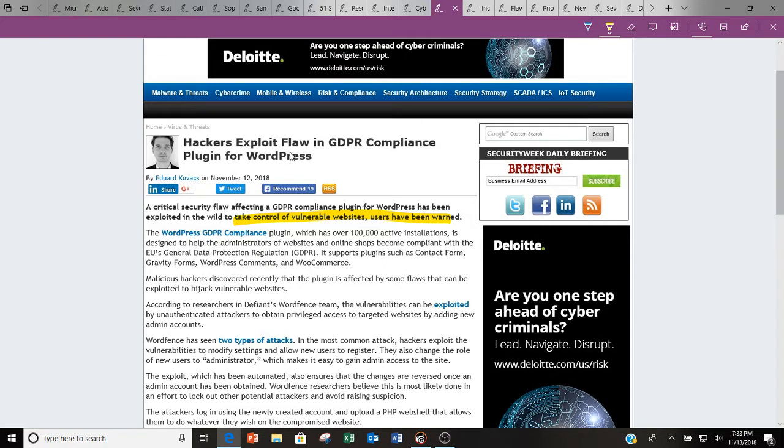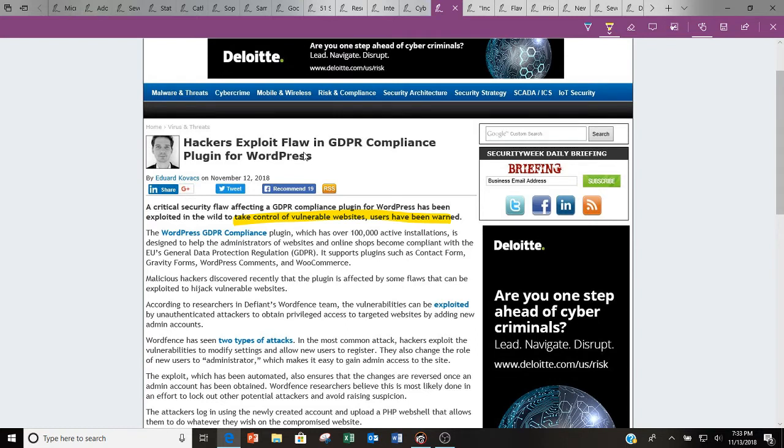WordPress is a web hosting software or content management server that a lot of websites use to make creating websites easy for customers. It was just announced that there's a new GDPR, which is the European law for data privacy.